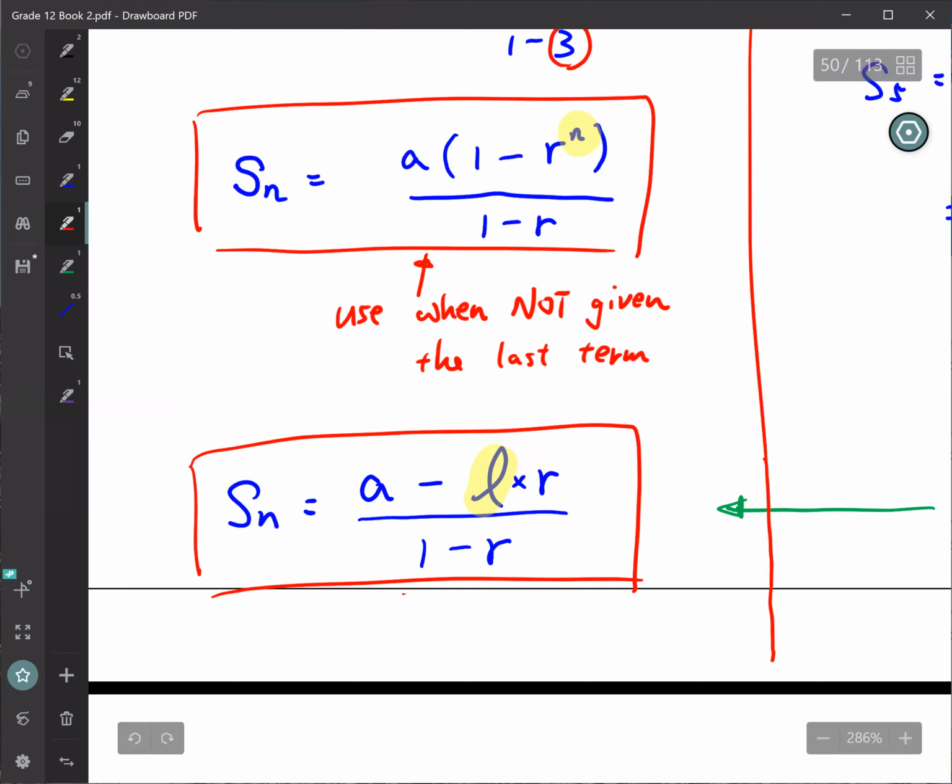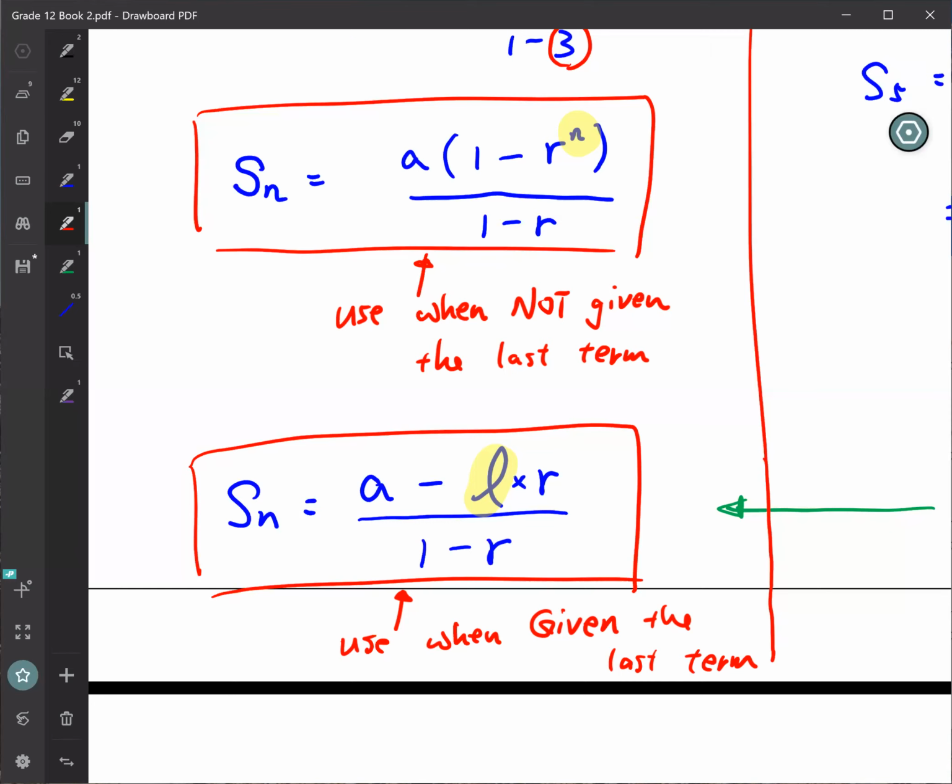And the second formula, because it has an L, you will use when given the last term. Okay, any questions?